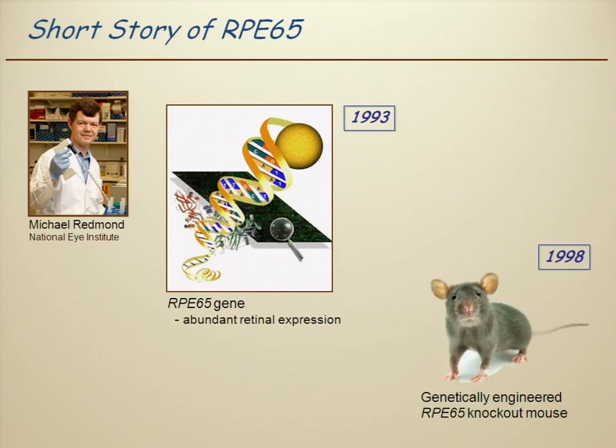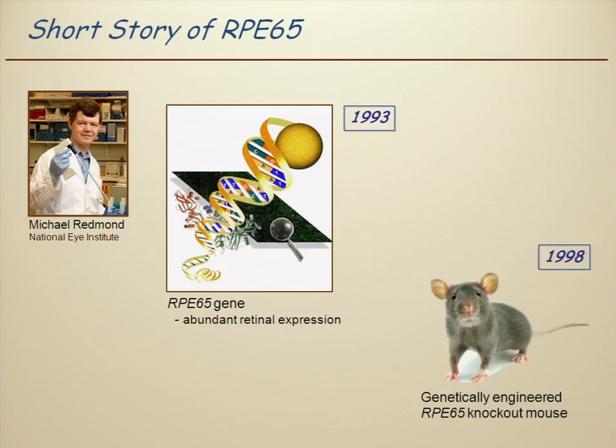Five years later, Mike knocked out the gene in a mouse, and the mouse was blind. So we know that RPE65 is critical for vision. Rather crude way of finding out, but very effective. At the same time, in Australia, humans were found by a geneticist to have mutations in the RPE65 gene, and they were blind.